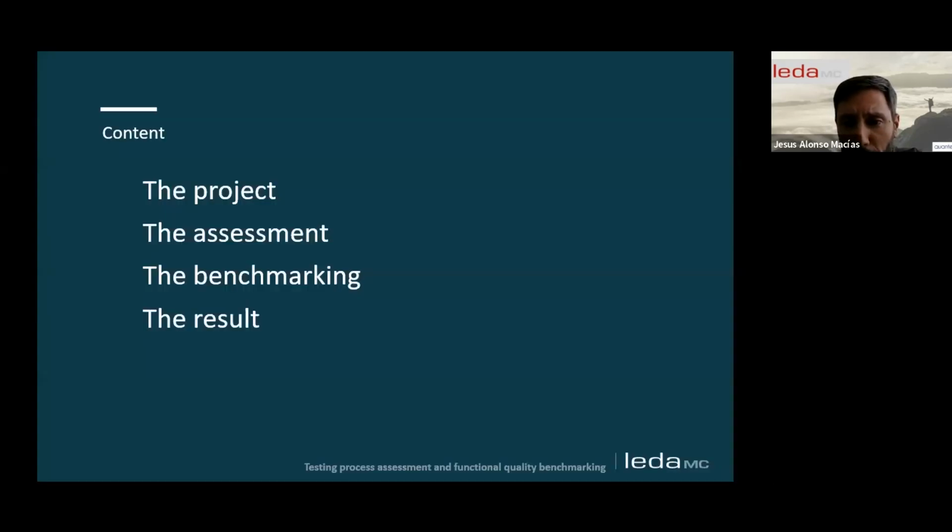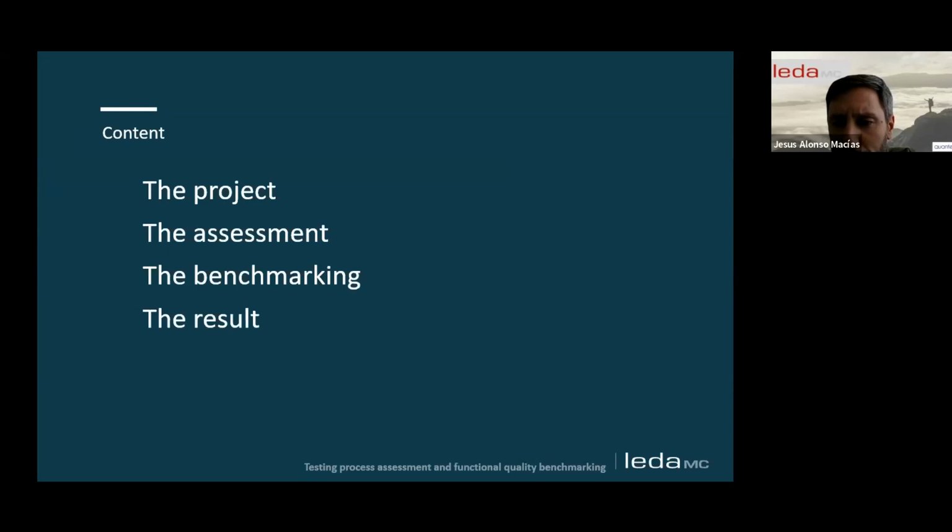The road I have planned for this talk is as follows. We will start by looking at some characteristics of a project that are the basis on which we will talk about how to make an assessment of a testing process. We will look at the most important points, and what we have to take into account so that the diagnosis or assessment we make is profitable.